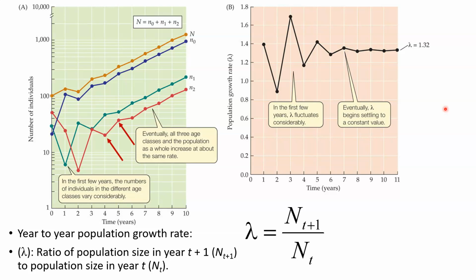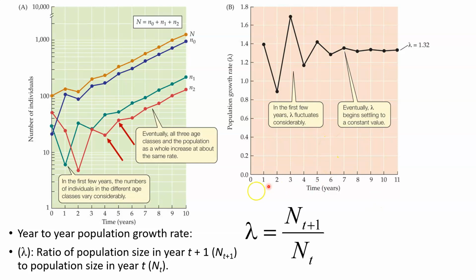Now, the lambda population growth rate is a ratio of population size from a particular year to the following year. So what I mean over here is t, the population size at time t, and the population size at time t plus 1.